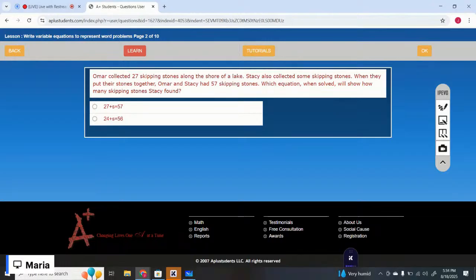Omar collected 27 skipping stones along the shore of a lake. Stucky also collected some skipping stones. When they put their stones together, Omar and Stucky had 57 skipping stones. Which equation, when solved, will tell how many skipping stones Stucky found?